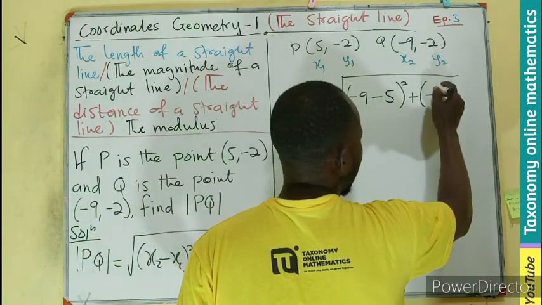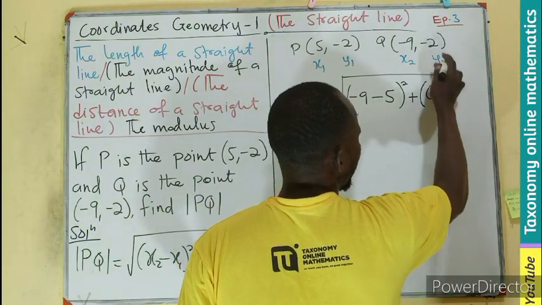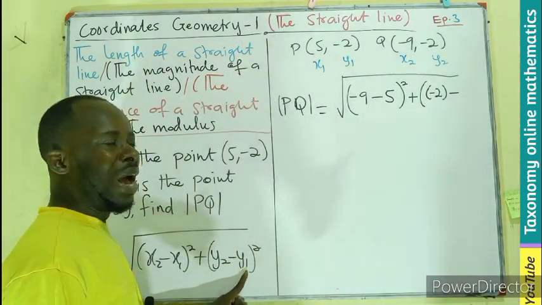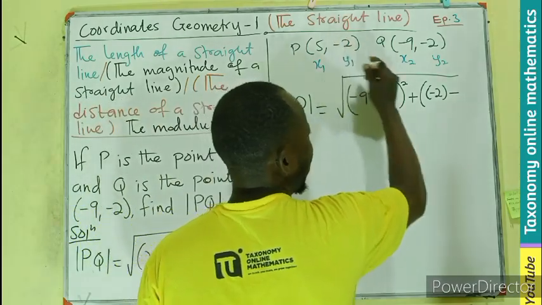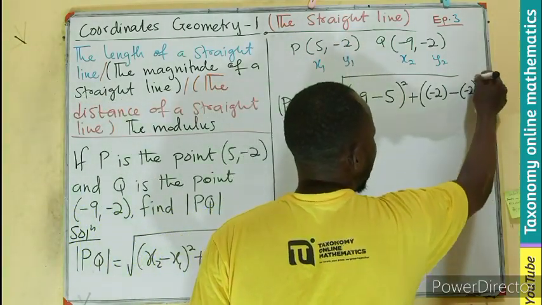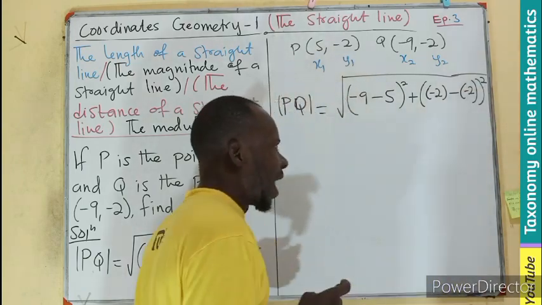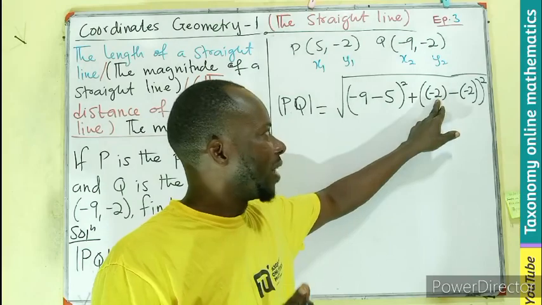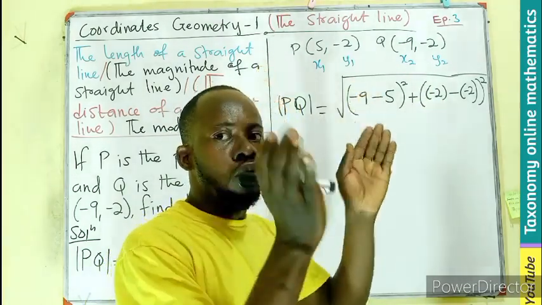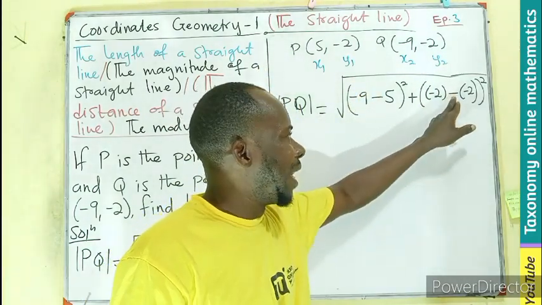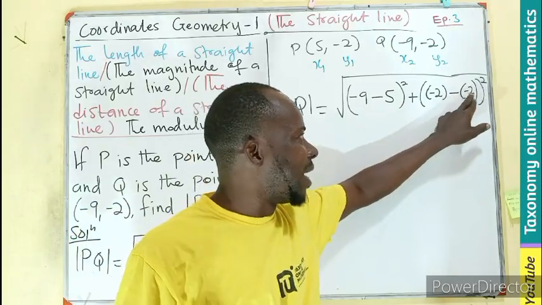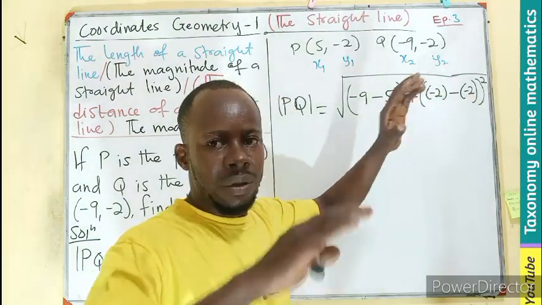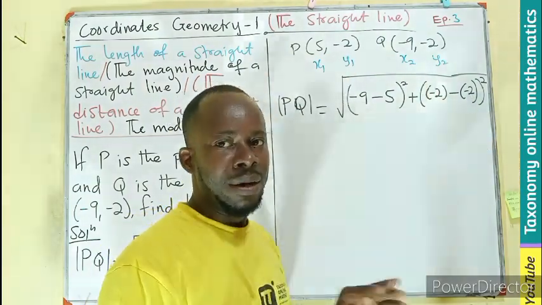Negative 2, right? That is the y2, minus. Then we have our y1, which is also negative 2. See the way I've introduced the negative signs. You see, this is minus 2 in a bracket. So this bracket is enclosing all the terms, minus, which is a negative in the formula. The negative 2 is also picked from here. Therefore, the bracket becomes double.